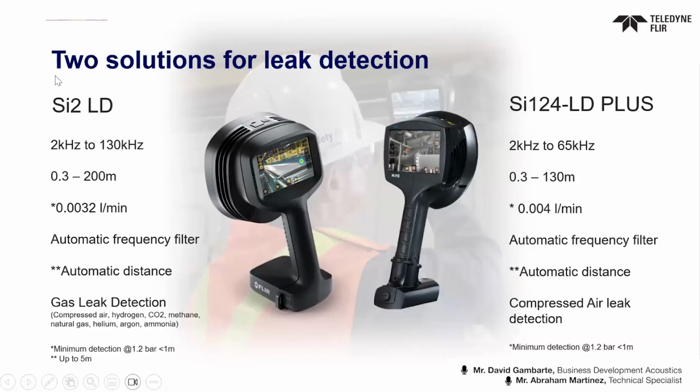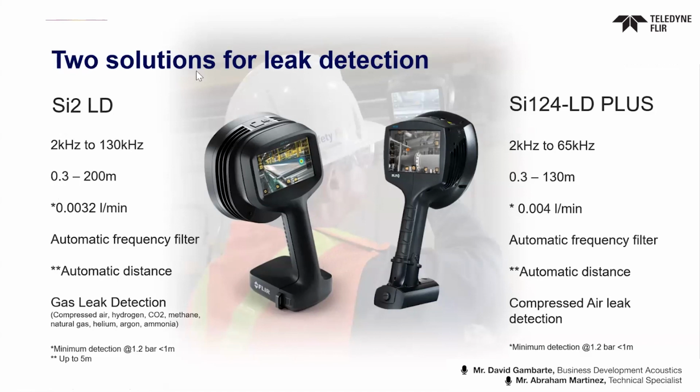In this webinar, we're going to be focusing on the use of two solutions. On the left side of the screen is the SI-2 LD, or it could also be the SI-2, which has a broader use, including partial discharge. And then the SI-124 LD Plus, which is our previous model for leak detection.